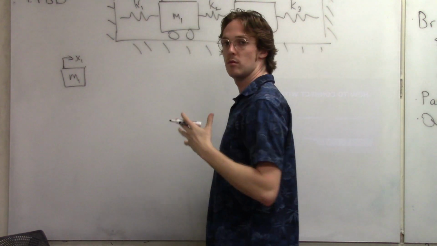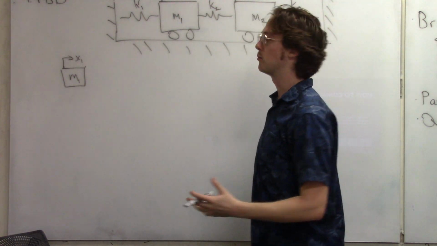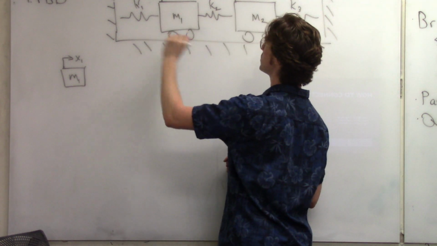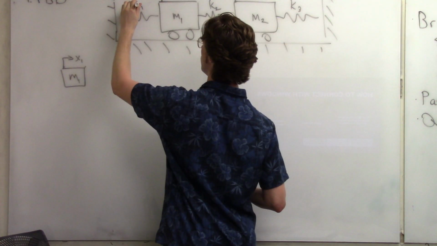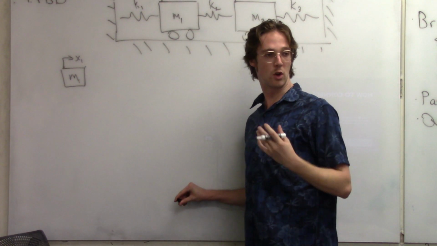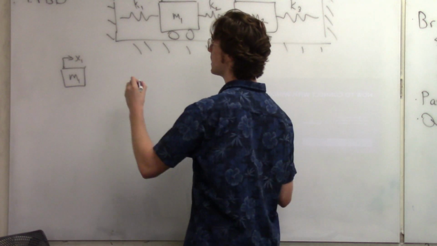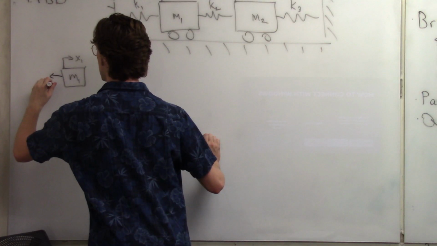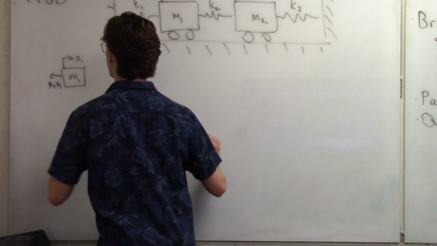If I did a positive displacement, to the right in this case, I would experience a force from K1 going to the left, because stiffness always restricts displacement. So I'm going to draw this right here, where it's K1 x1.